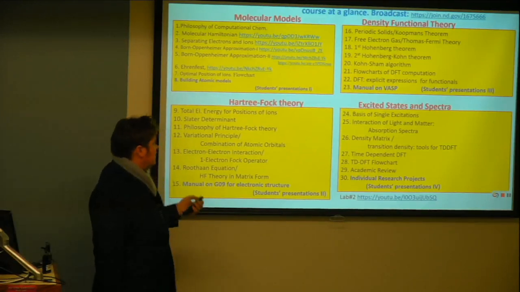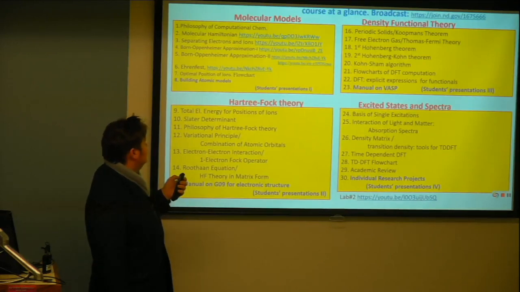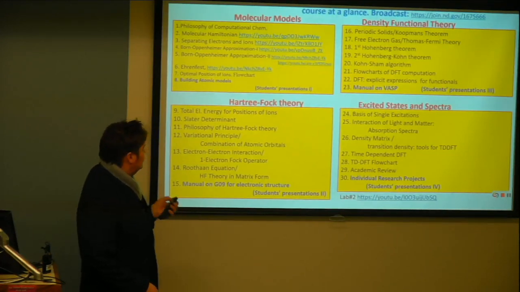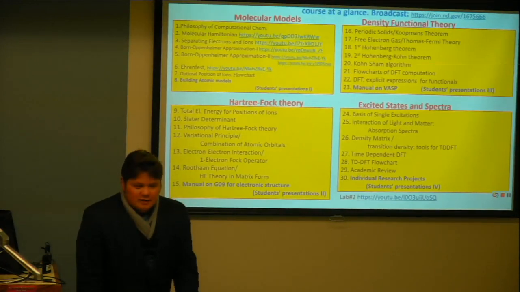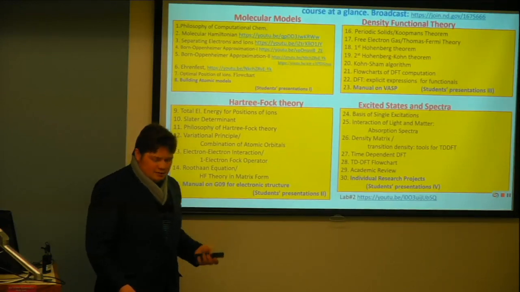So at the end of each chapter there will be presentations like that, and this first chapter was theory of fundamental background for this course and practical aspects in the labs for building models, which is an important step for entering into the world of computational chemistry, because without models you cannot do anything.